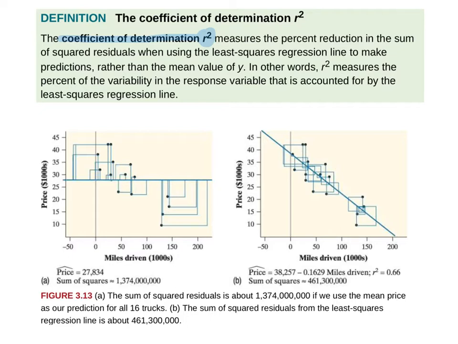So instead of talking about the average value of Y, or your response variable, and in terms of our Ford F-150s, that's going to be our price, we're going to look at the least squares regression line. So what you're looking at here are two different graphs. This one is the sum of squared residuals, and that's if you use the mean price.